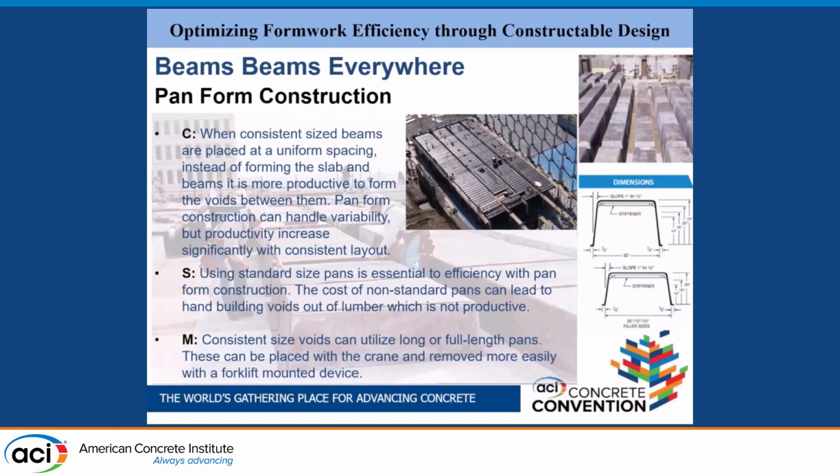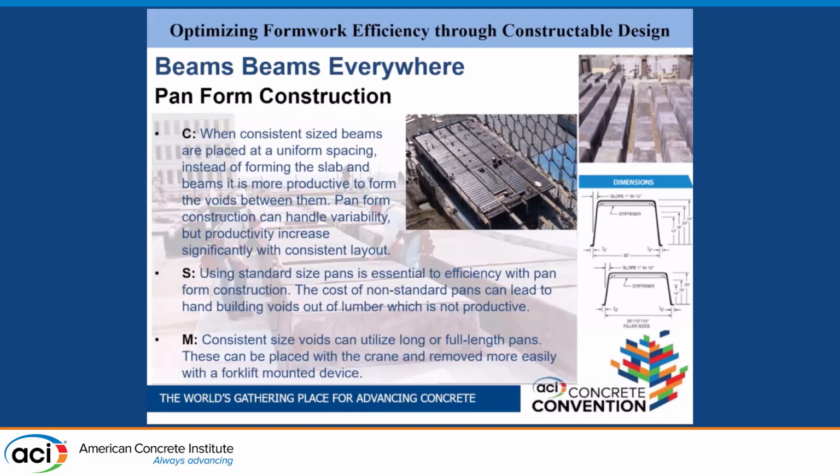So really what you're looking at is when you have consistent, uniform beam spacing, instead of putting in a beam soffit and slab soffit, you form the void with a pan. Pan construction can handle a lot of variability, but productivity increases if you can be very consistent.